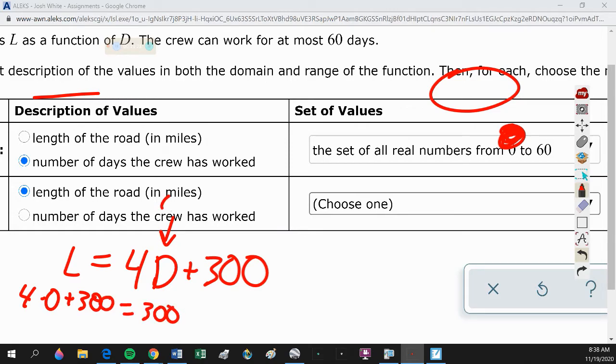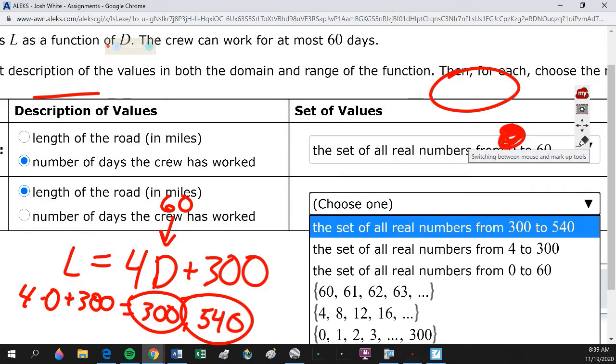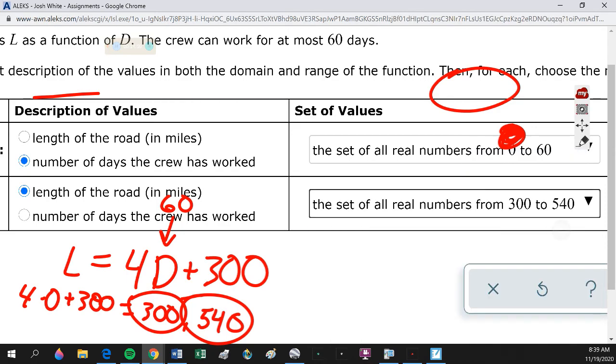What happens when I plug in 60? What is 4 times 60? 240 plus 300. So apparently, the road is already 300 miles long. And after they're done working, the road will be 540 miles long. Is that an option? This one.